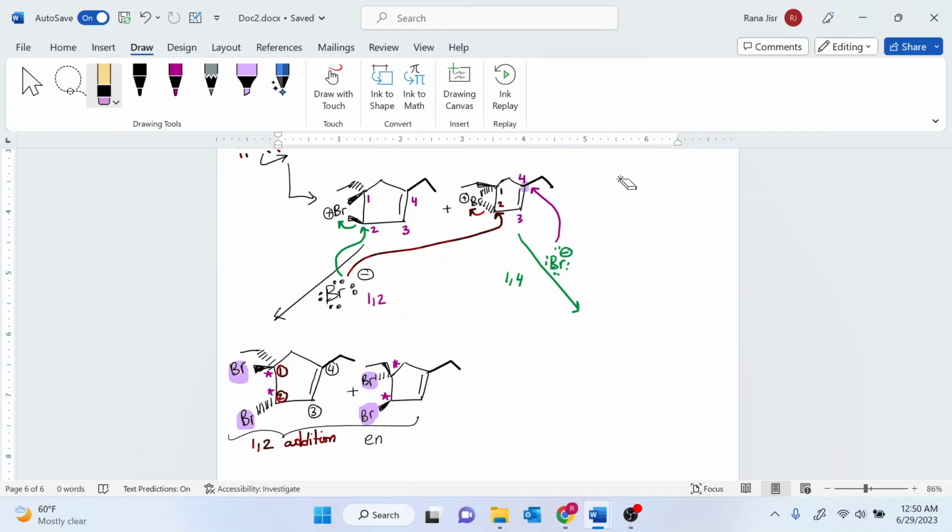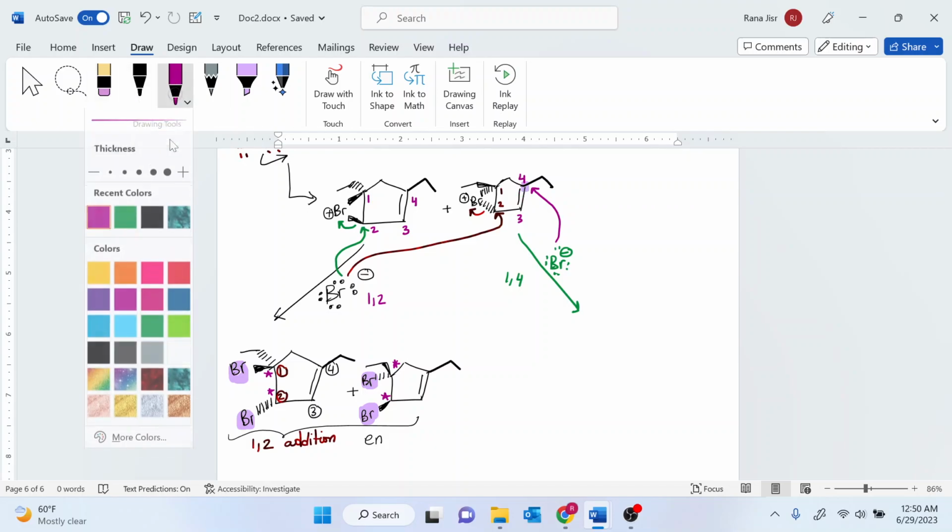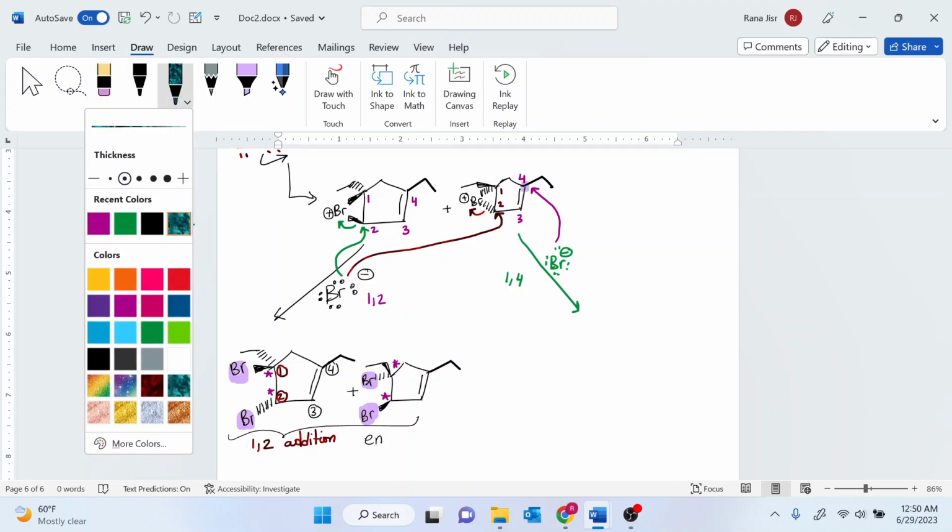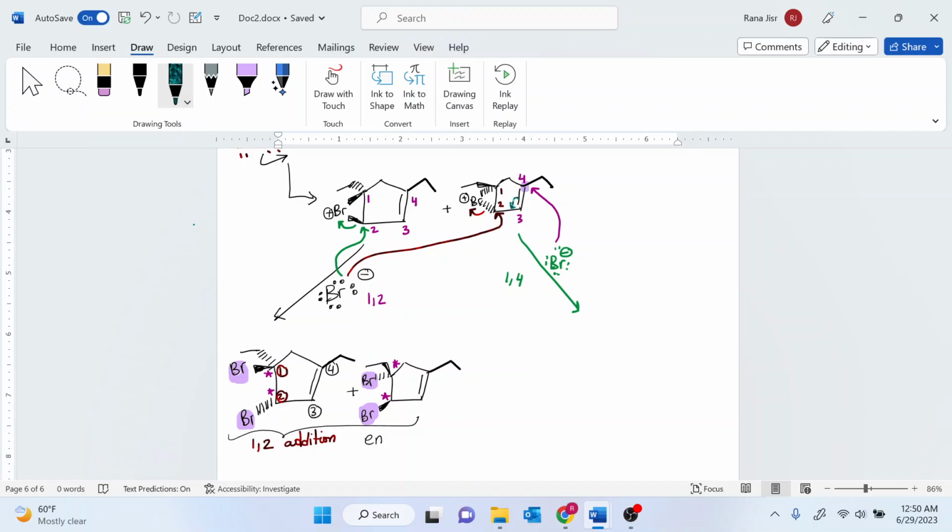So let's go ahead and consider one and then write the other. So let's say, for example, the bromine is attacking from the top over here, that is going to push the ethyl to the back, and then it's going to open the bond. So here you go. So open the bond, make a double bond between 2 and 3, and then break this cycle.